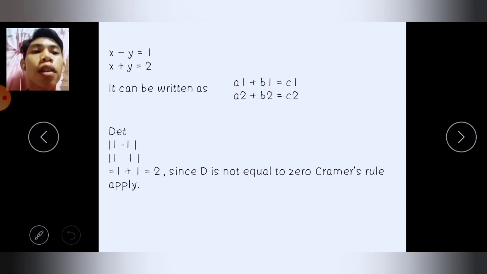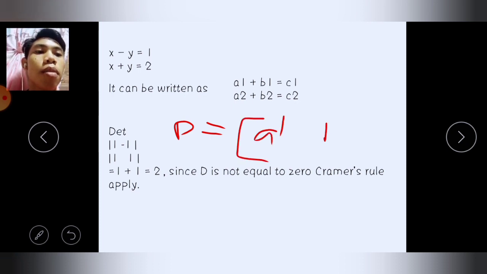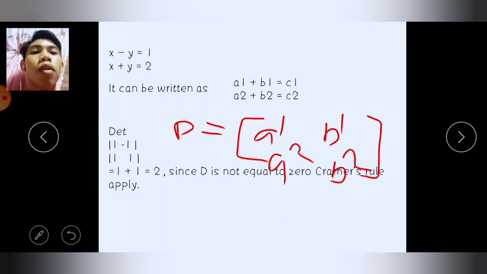For getting the determinant, we're going to use this formula: a1 and b1, and a2 and b2. So that formula is to get the determinant.